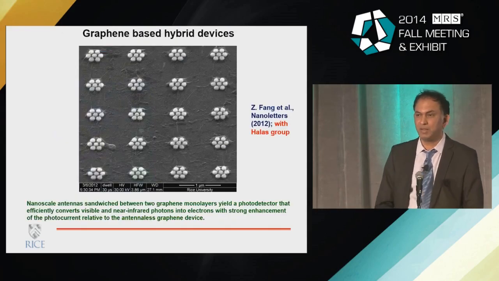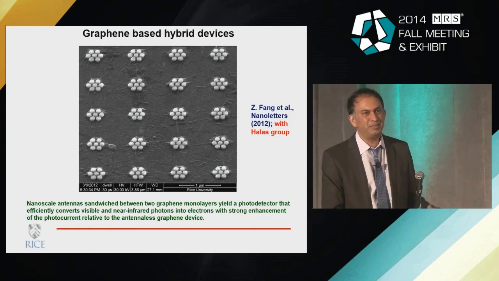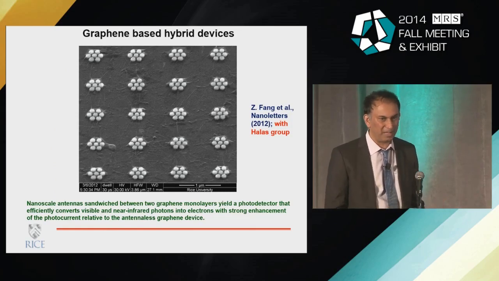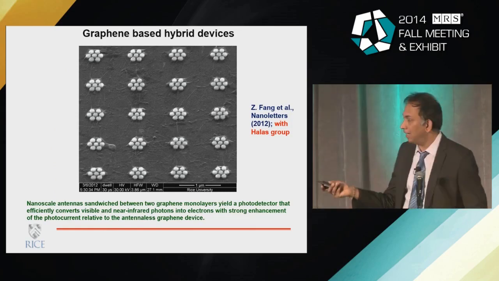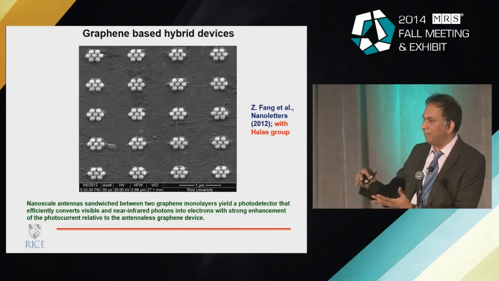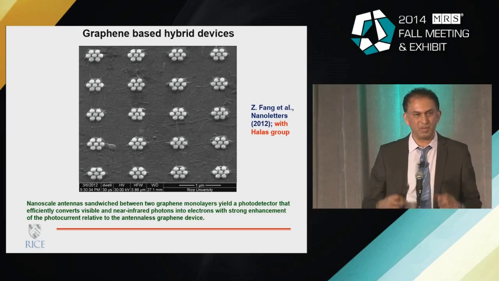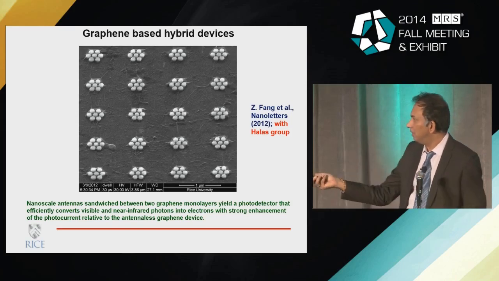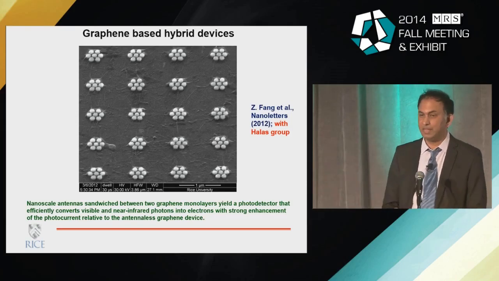Or you can think about combining different types of nanostructures, which is a little bit more complicated, but it's certainly feasible. And here is again an example where we have actually taken graphene layers and sandwiched these plasmonic antennas that were fabricated in Naomi Halas's group at Rice.